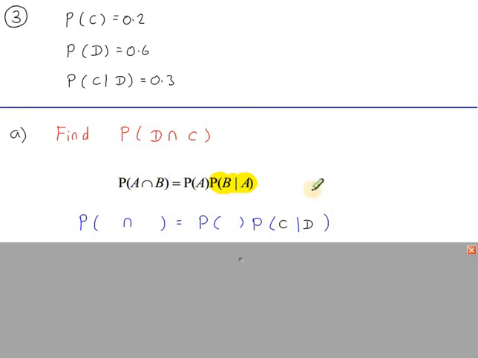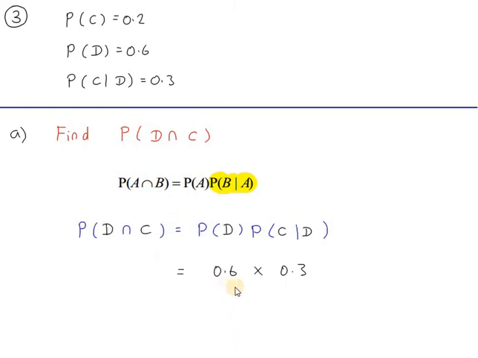And we can see that event D in our problem is A in the formula, which means I need a D here and I need a D here, which means C, which is B in the formula, goes here. So we substitute the values that are given, and the probability of D and C is 0.18.